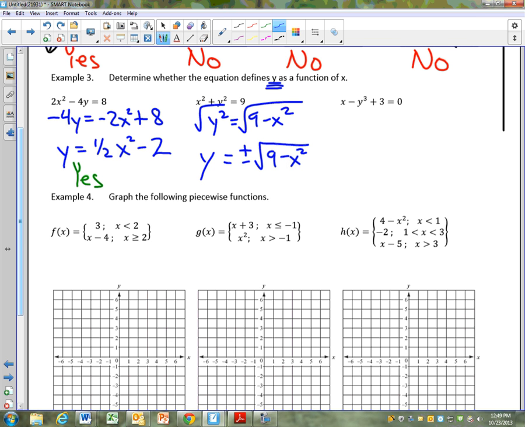Great. What's 2 squared? 4, and 9 minus 4 is 5. So if I plug in 2, I get the positive root of 5 and I get the negative root of 5. So if you plug something in for x, you get 2 results. So it fails to be a function.